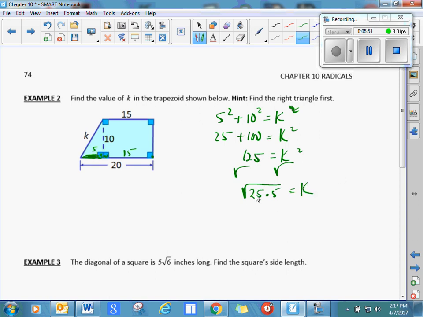And of course, that's a perfect square, which is always what we're looking for. So you can bring the 5 to the outside. Whoa, sorry, I made a mistake. This 5 stays inside the radical sign. The square root of 25 comes out as 5, and that is our answer for k.